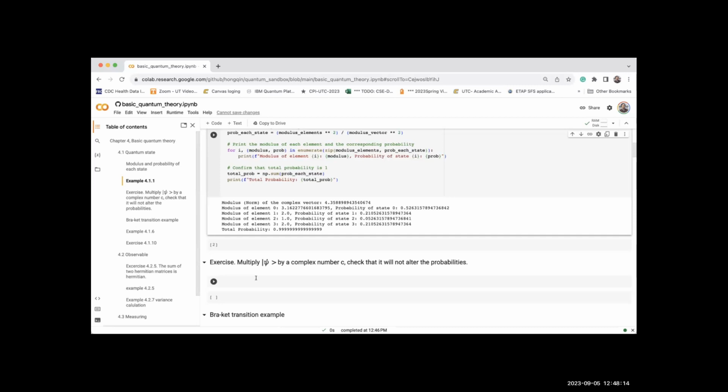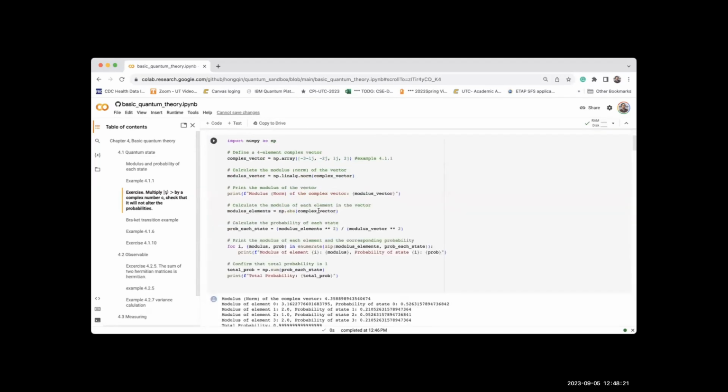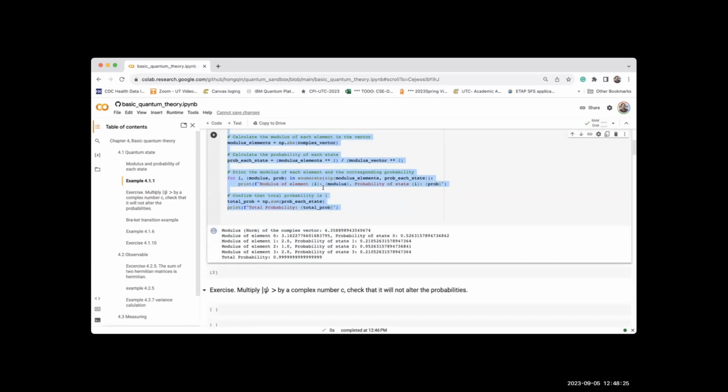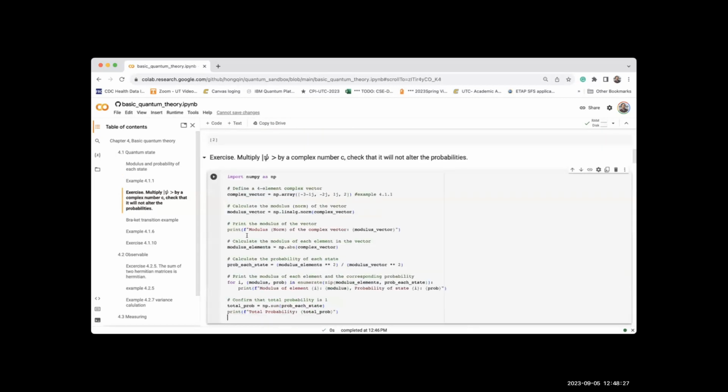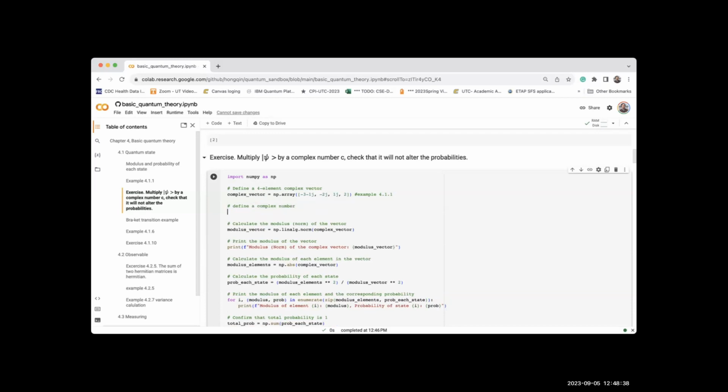So in your code cell, we can go right above. So I'm going to copy paste this part to the bottom. Now, you can just write on your first line, you can just multiply a complex number by your NumPy array.